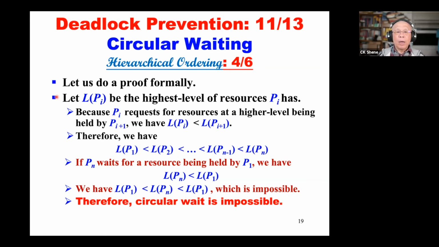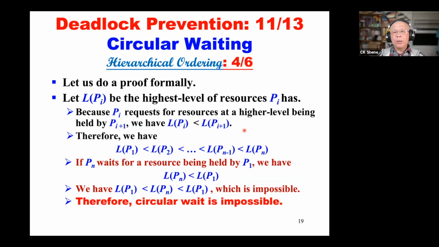So L of Pi is 6. Now, because Pi requests a resource at a higher level, being held by Pi+1, the highest level resource of Pi+1 must be higher than the highest level of Pi. So we have this inequality.